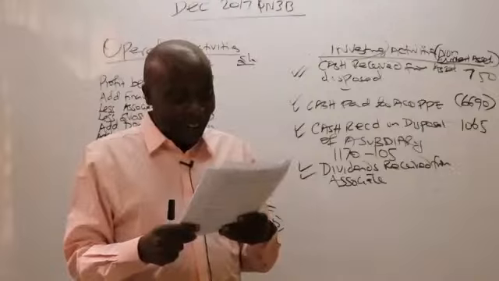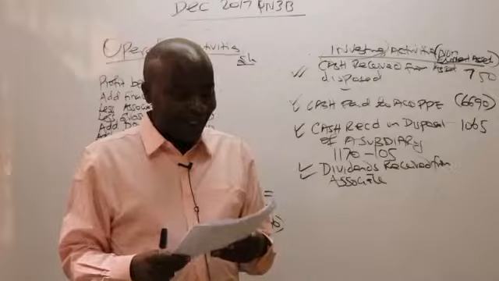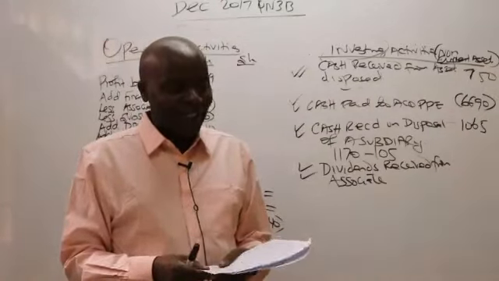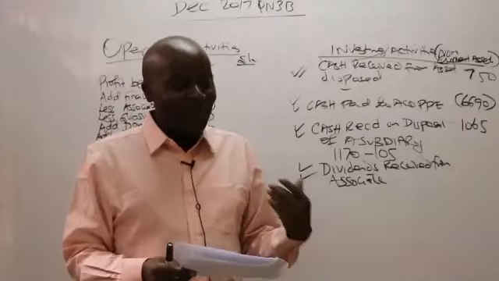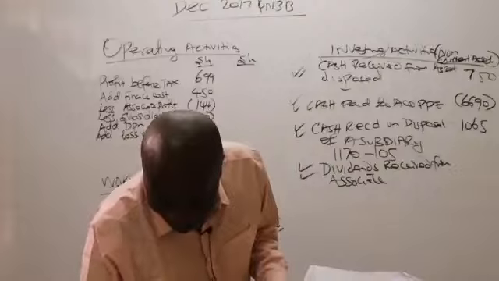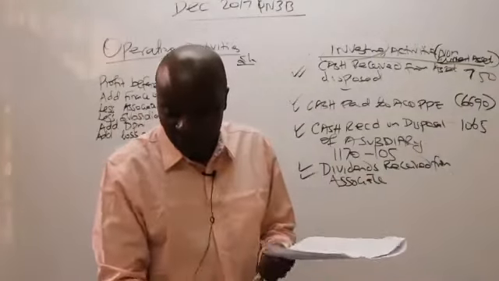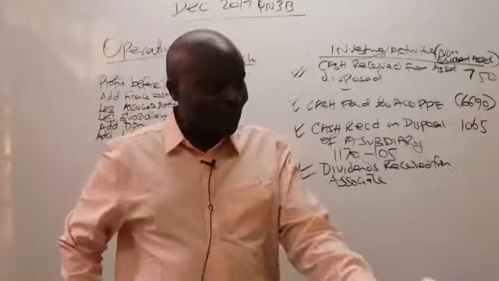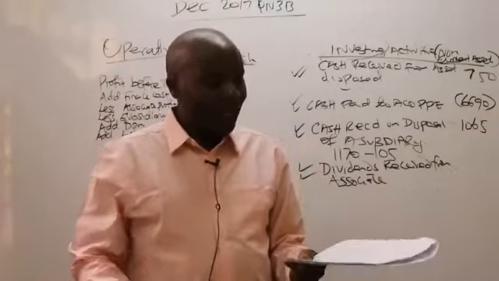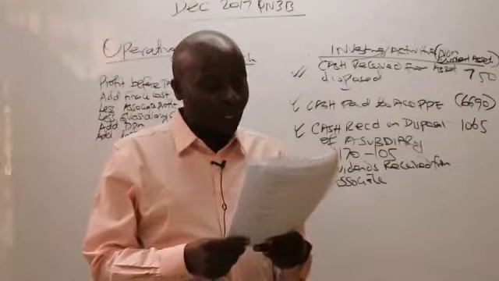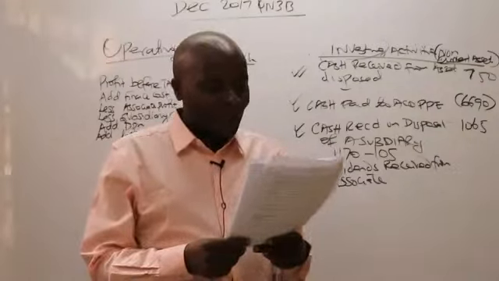They're not telling us zimetoka wapi. Working, Aya, hebu wako mbio munipatie figure jameni. Dividends in this case here which have been received from the associate. What are we getting there? Andika figures haraka tuone kama unazijua kabisa kweli.